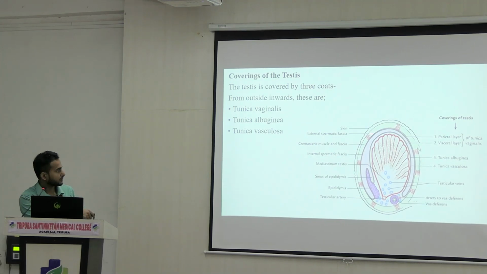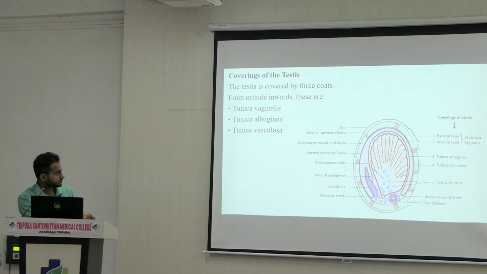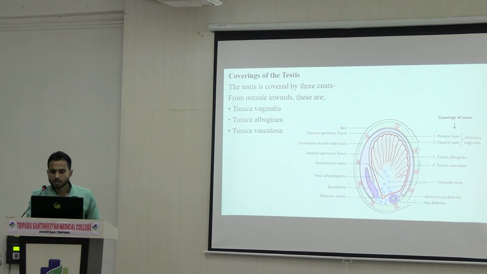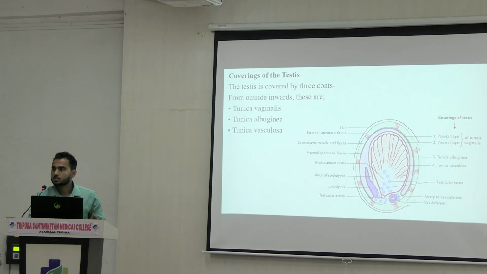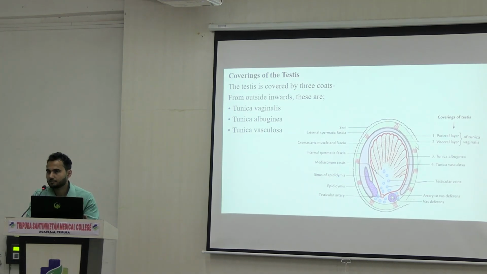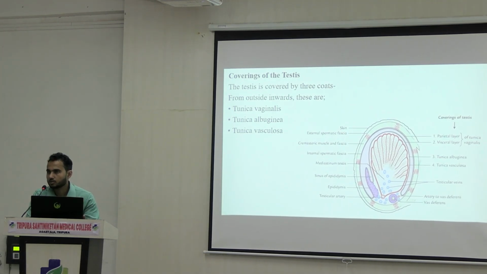Inside that, you can see the layer which is present is the tunica albuginea, which is made up of dense fibrous tissue. It also performs a very important role. Have you heard about the mediastinum testis? If not, please keep that in mind.